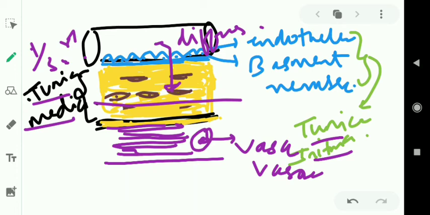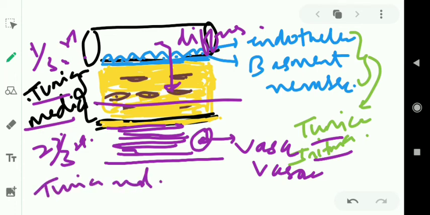But the remaining two-thirds of the tunica media and the tunica adventitia cannot receive blood by diffusion from the lumen because the distance is increased.